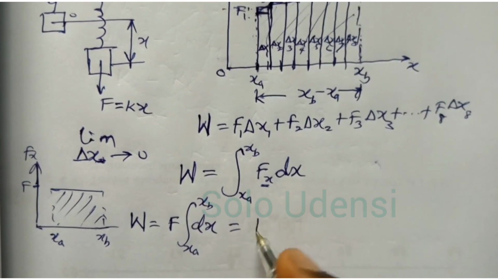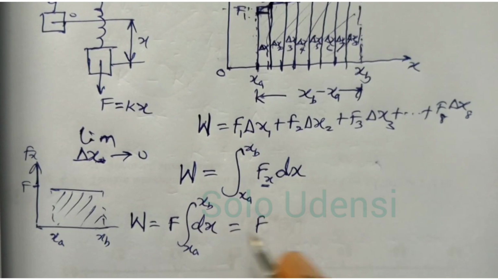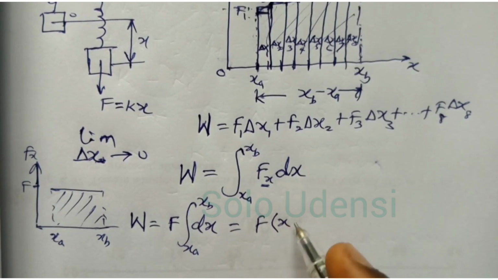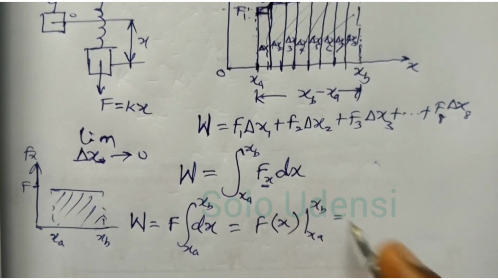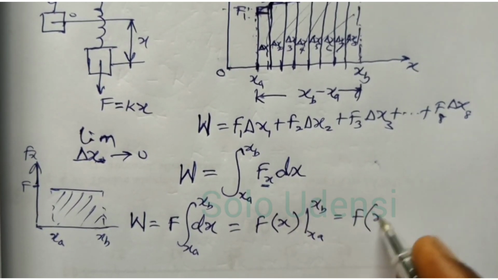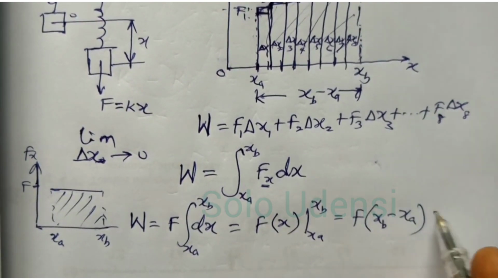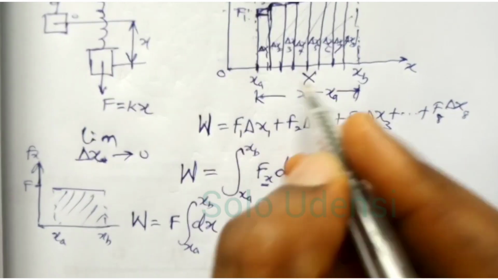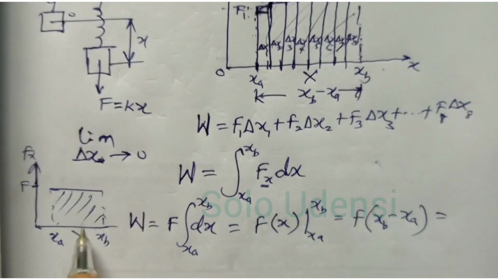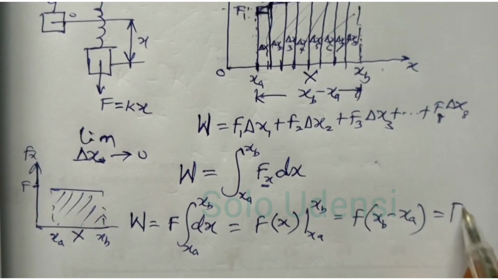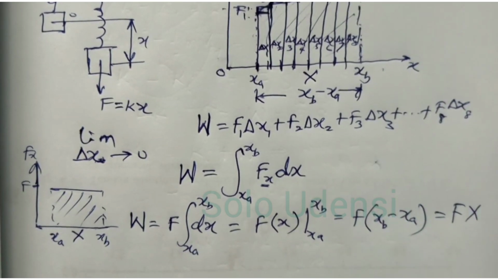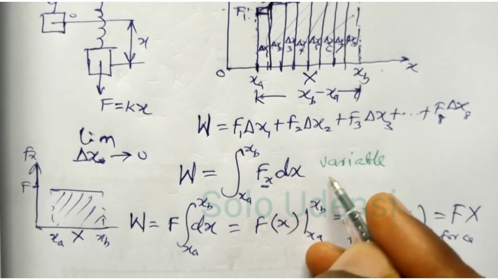So F times x within the limit of xa to xb, and that is F times xb minus xa, and let's call this capital X, so it is equal to F capital X. This is for constant force, while the integral is for variable force.